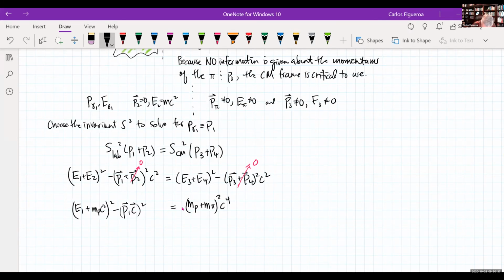So if I square the whole thing, I get E1 squared plus M_p squared c to the 4th plus 2 M_p c squared times E1, and then minus P1 squared c squared, and that's going to be equal to (M_p plus M_pi) squared c to the 4th.